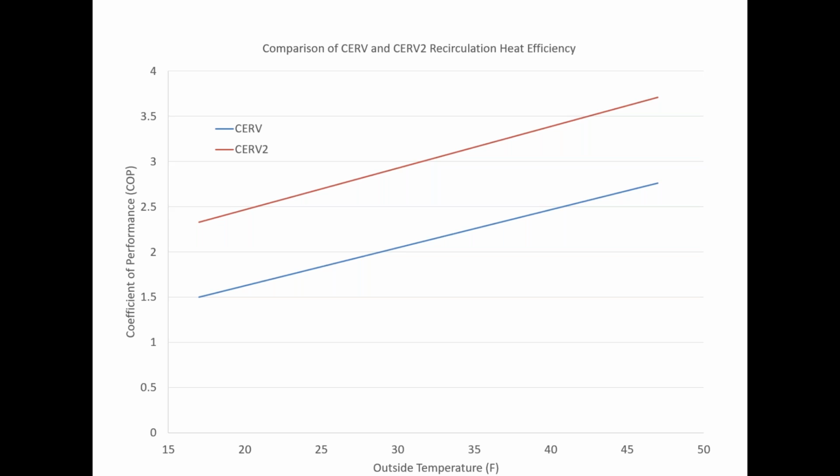This is the COP performance level of the first generation versus second generation. This is the recirculation heating efficiency. So we've increased the performance across the board, with a COP about 1 better than it was previously.